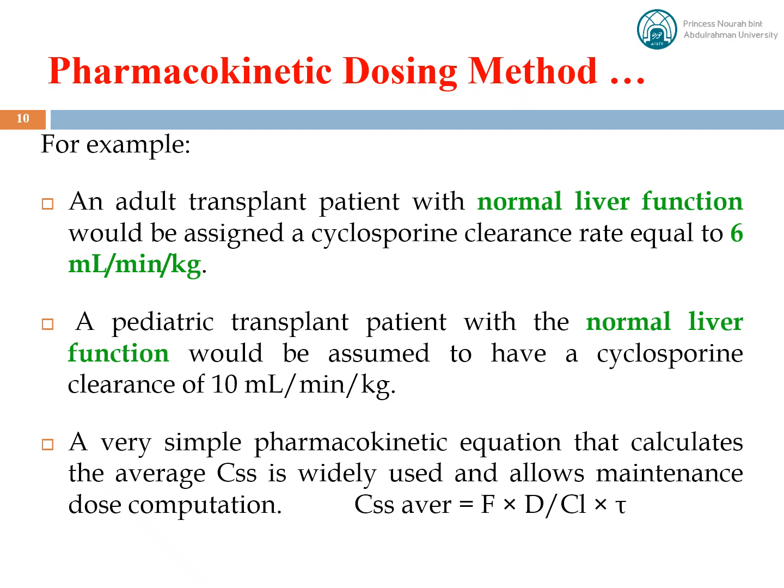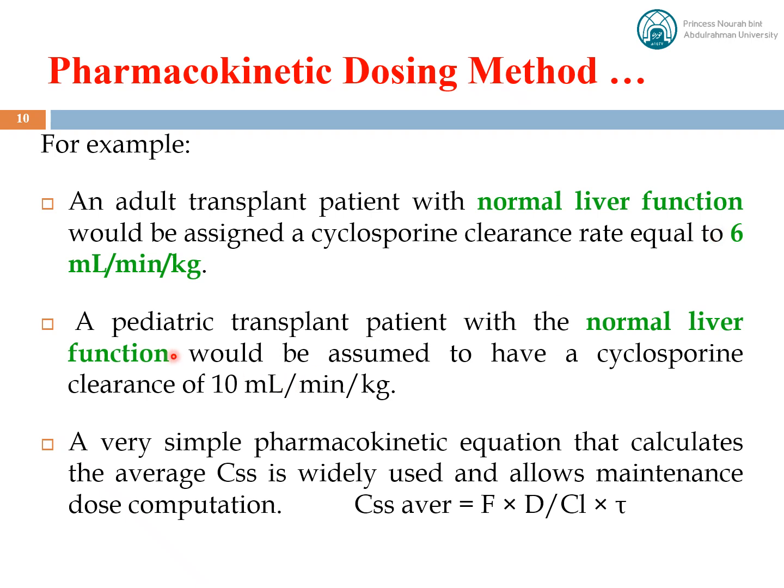An adult transplant patient with normal liver function would be assigned a cyclosporin clearance rate equal to 6 milliliters per minute per kilogram. So if he is 70 kilograms, it will be 420 milliliters per minute. This is for a normal liver function. You should memorize these values.